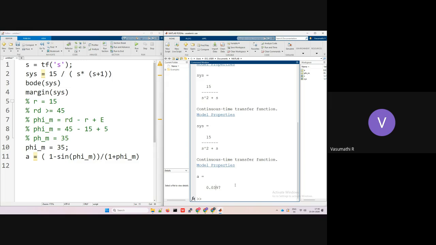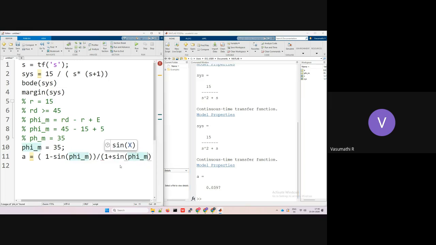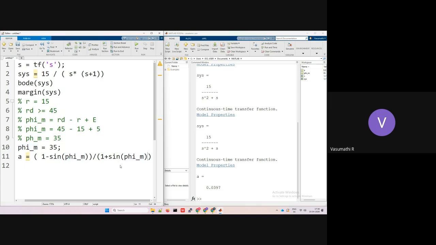Sorry, I missed the sine. It's not possible. 1 minus sine phi m. 35, the correct one, divided by 1 plus sine phi m.